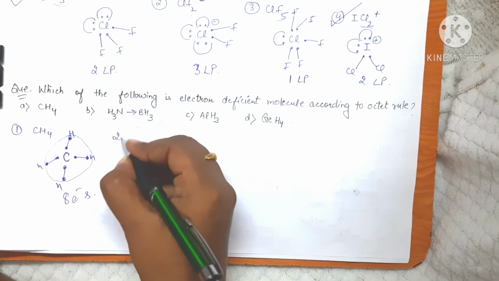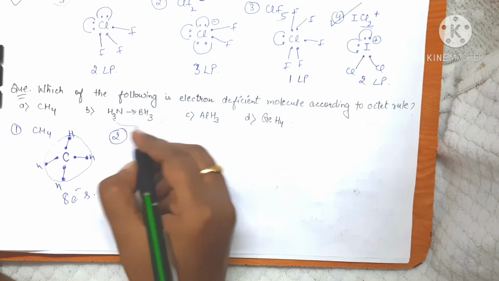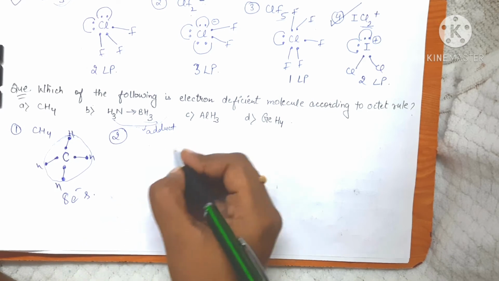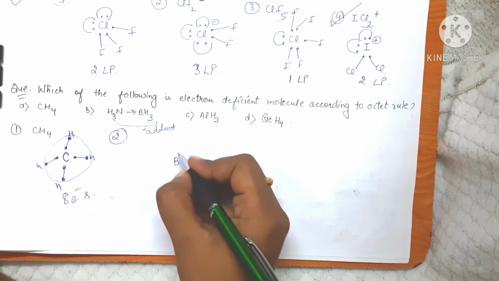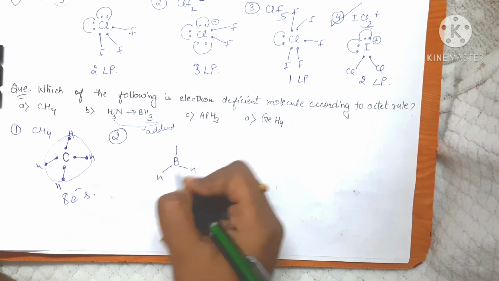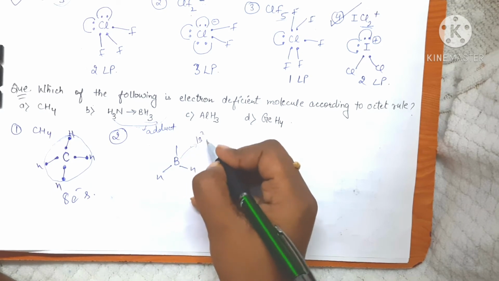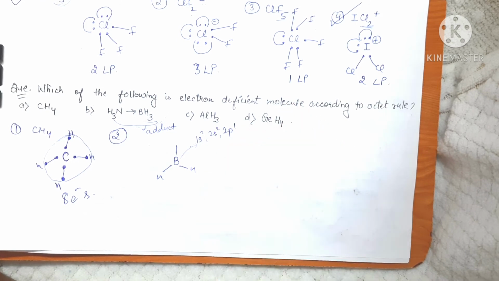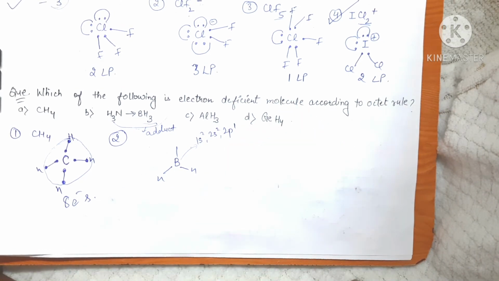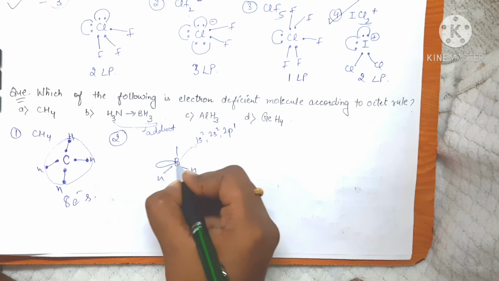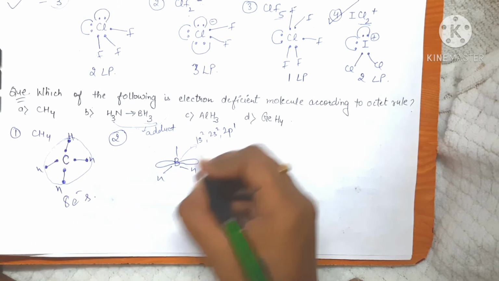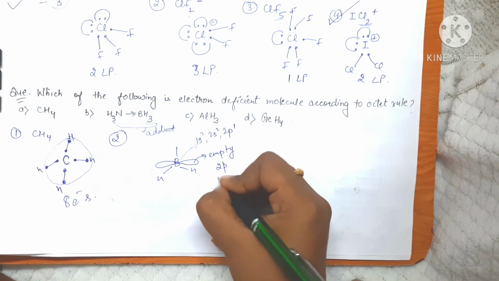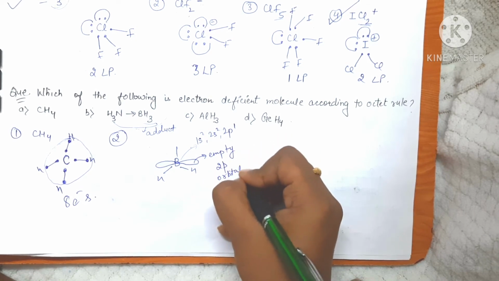Now looking at the second molecule, this is an adduct. How does it form? First, if I talk about BH3, what happens? Boron has the configuration 1s2, 2s2, 2p1, right? So boron has an empty 2p orbital.